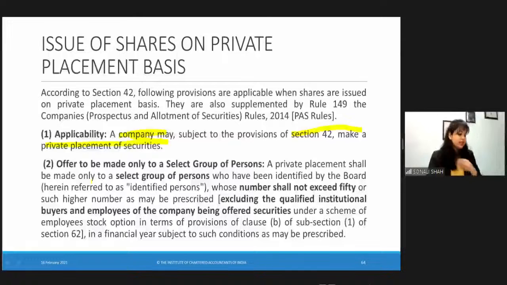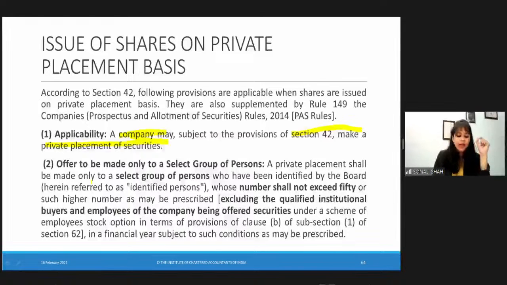The second requirement is that the offer is to be made only to a selected group of persons. You select and identify the people. The board of directors identifies the people to whom the offer of securities is to be made. Is there a limitation on the maximum number of people to whom this offer of securities is to be made? Yes, there is.